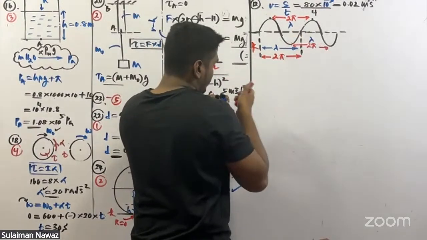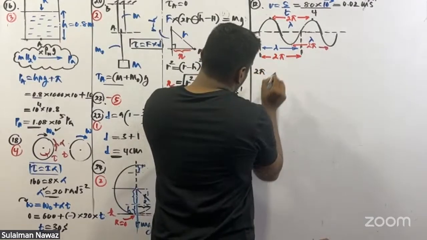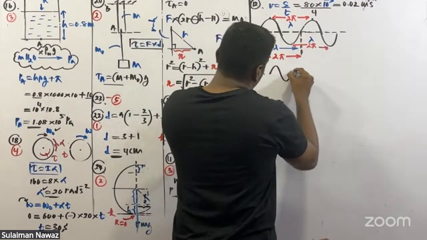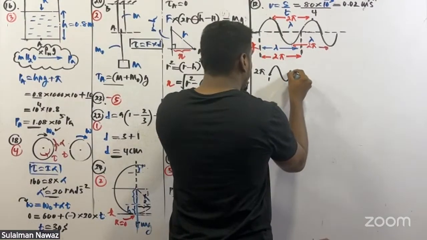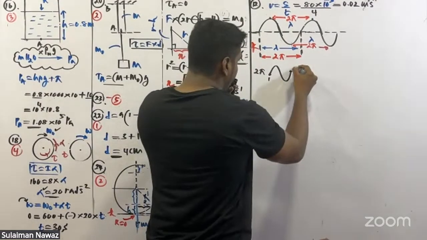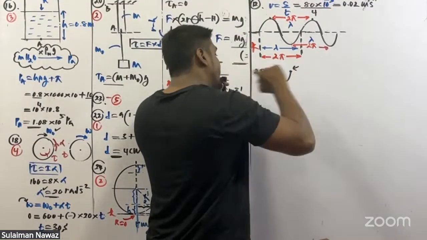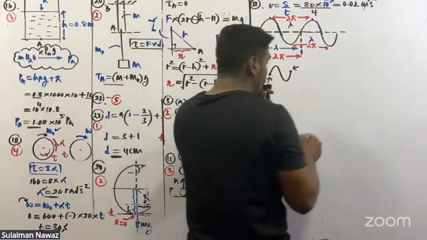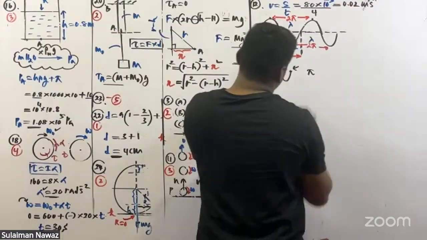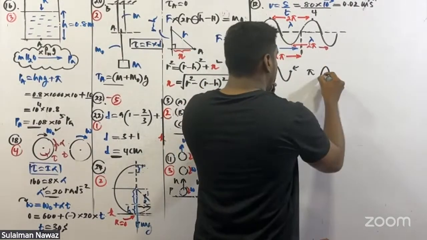If they mention that the phase difference between two particles in a waveform is pi over 2, or pi, this particle is particle one and this is the other.